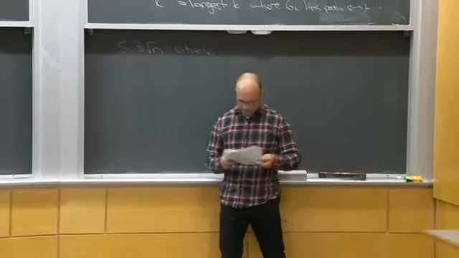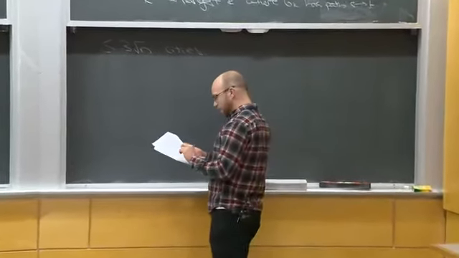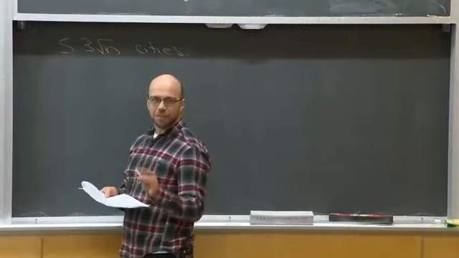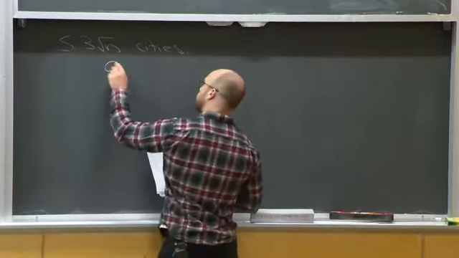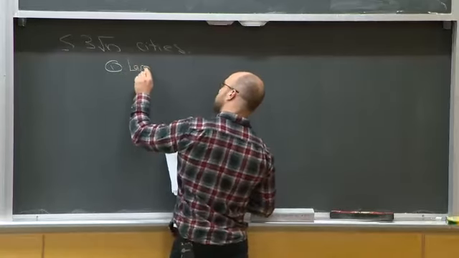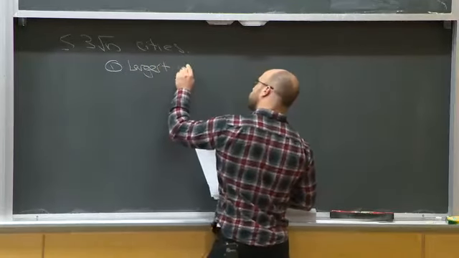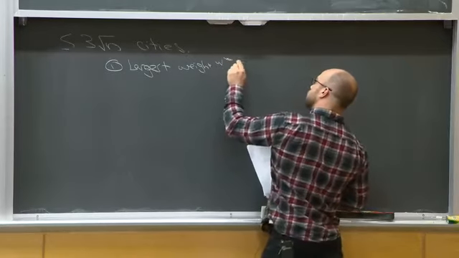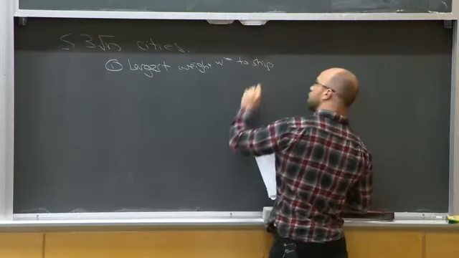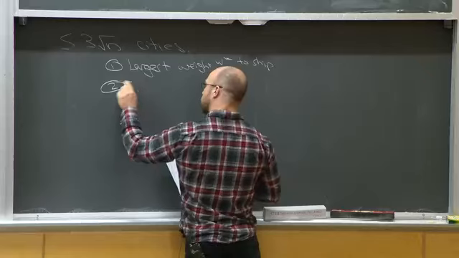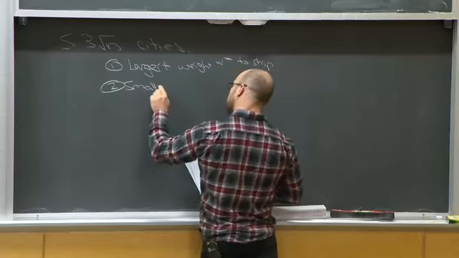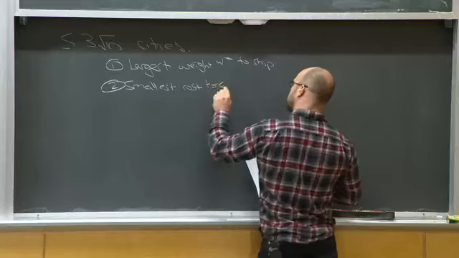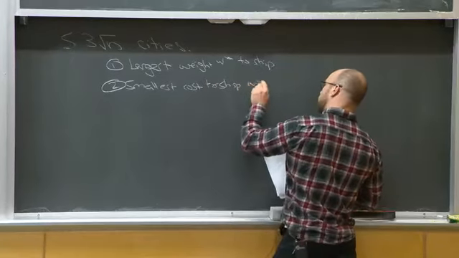And what we want is the weight of the single largest server and the minimum cost to ship that thing. So we want 1, the largest weight we can ship. We'll call that W star to ship. And 2 is the smallest cost to ship that weight W star.